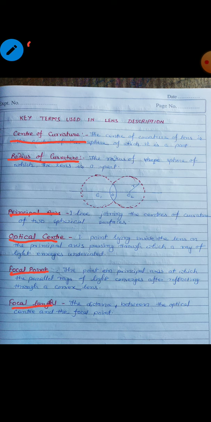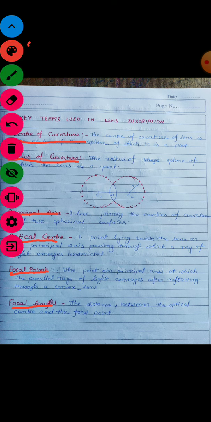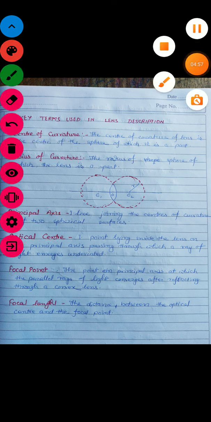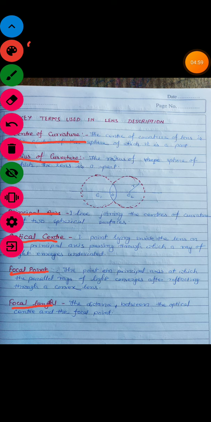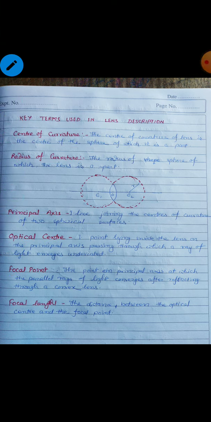Student, the distance between the optical center and the focal point is known as focal length. And after this, student, we will discuss how images are formed by lenses.